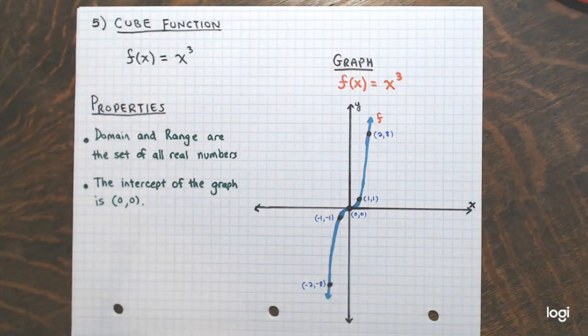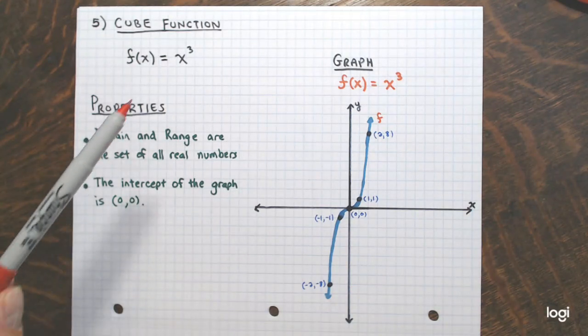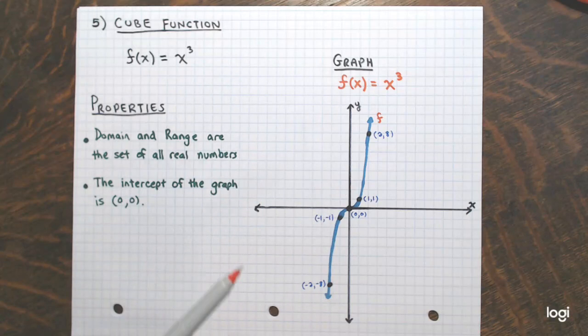I'm not going to get into function transformations in this video, but in the future I will. You could also look up other videos. Just look up function transformations and some interesting stuff will come up. So there's your basic cubic function and some properties.